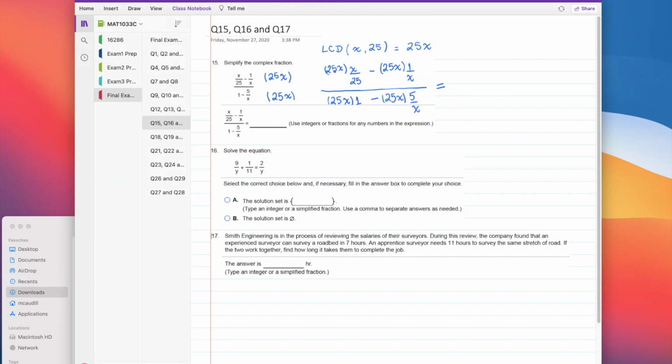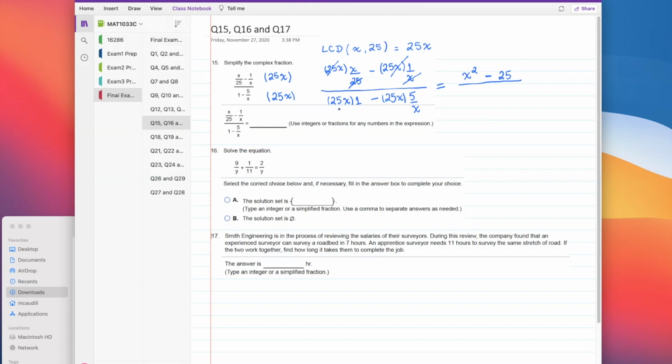If I have 25x times x, that is 25x squared, so this 25 simplifies with 25, and then this term becomes x squared. Minus 25x times 1 is 25x, divided by x, so this x and this x cancel each other, becomes 1, and now you have only 25.